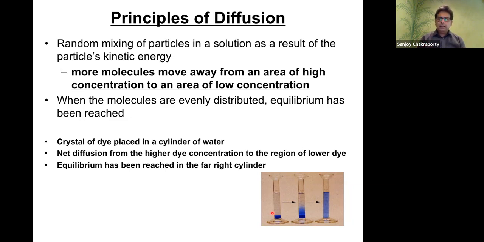If you have two molecules, one with molecular weight X and the other with molecular weight 2X, obviously the one with 2X will be slower. How slow? Half. So if X can move 1 centimeter in a given time, 2X will move half a centimeter because it has double the molecular weight. So diffusion can be directly affected by concentration gradient, distance, size, and temperature.